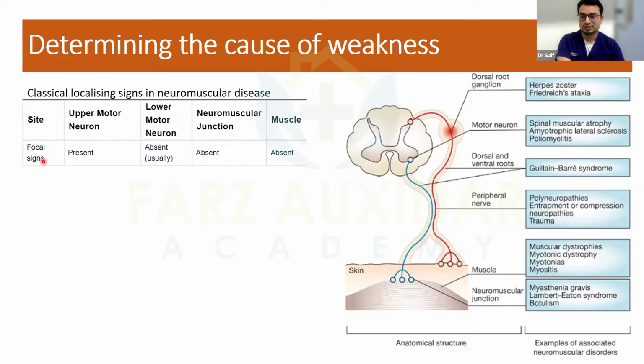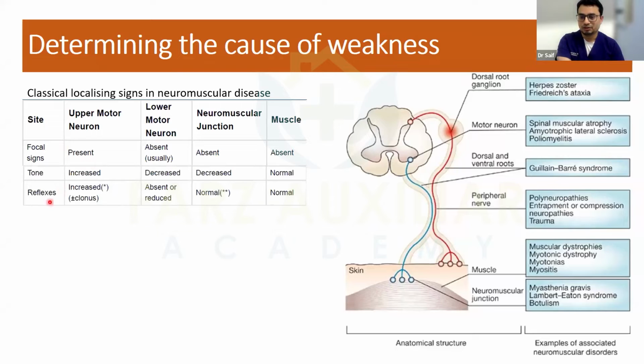Like focal signs, focal neurological deficit will be present in all upper motor neuron types of weaknesses, whereas this is absent in other levels. In upper motor neuron, focal neurological signs will be present, like plantar response, and tone and reflexes will be increased in the upper motor neuron, and it will be decreased in lower motor neuron and neuromuscular junction.